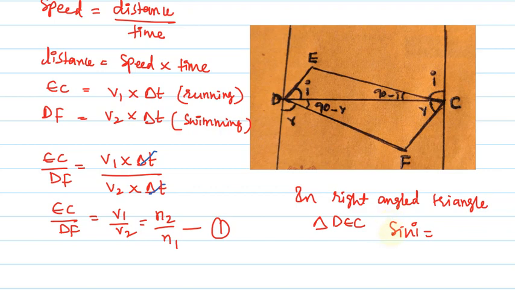As we know, sine is opposite side by hypotenuse. We can write sine I as EC by DC.